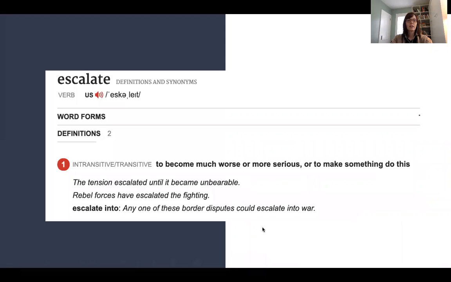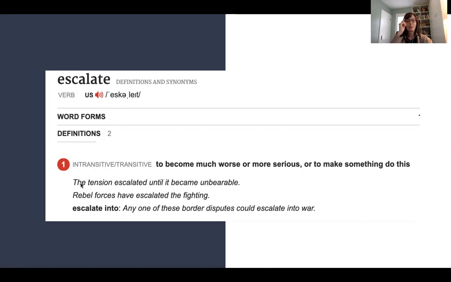Okay, so here I just took a screenshot of a dictionary definition. This is from Macmillan Dictionary. And so there are two meanings. So the first, to become much worse or more serious, or to make something become worse or more serious. And we see our associations here.